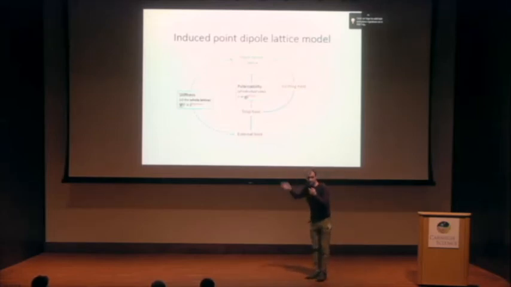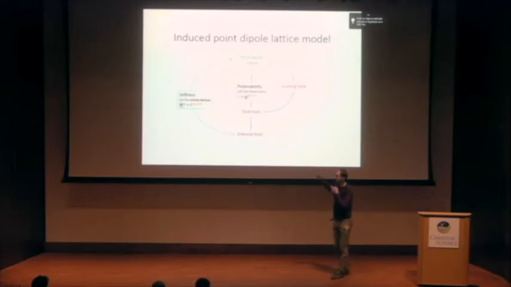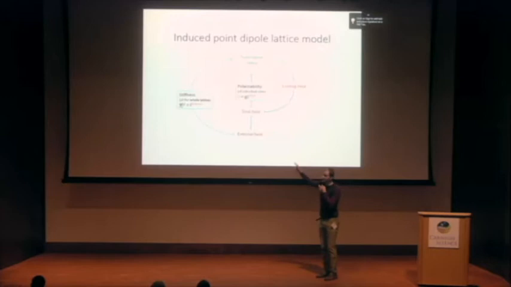This is similar to the model of Slater, and it is a generalization of that model to finite wave vectors, to homogeneous solutions. What connects the field and the dipoles is the stiffness. Stiffness is linear in these two variables.